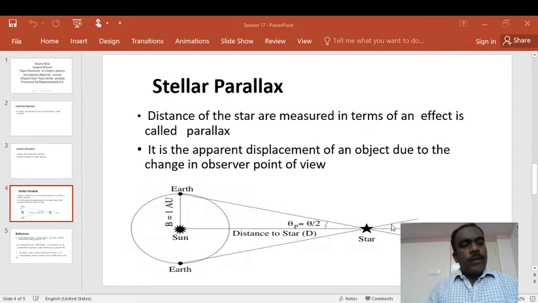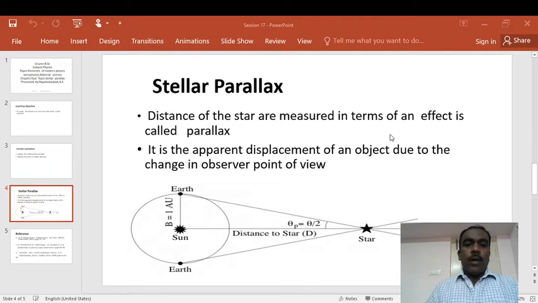Today, what is a stellar parallax? Stellar parallax is the distance of the star. We see the figure. The distance of the star measured in terms of angle is called parallax.